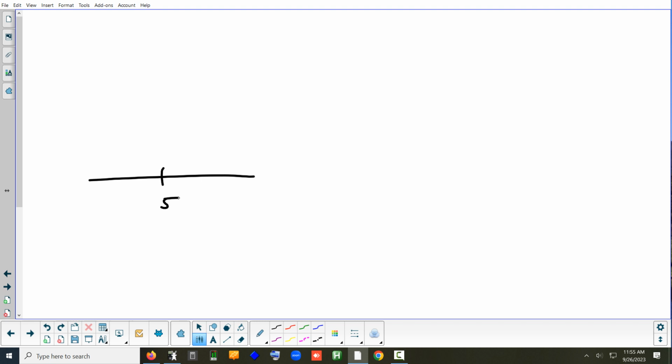Well, here's 5. If I'm thinking of a number that's less than 2 units away from 5, that means I could be thinking of a number as big as 7 or as small as 3. Anything between 3 and 7 is less than 2 units away from the number 5.